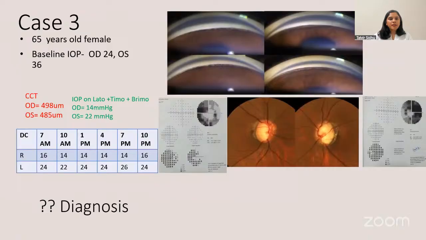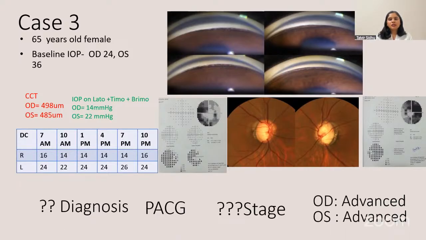This is the same case that we had seen earlier. So this lady, when she's looking up on manipulation, also hardly any angle opening is happening. Here, some angle opening is happening. This is a 65-year-old female with angle closure glaucoma, and the stage is advanced in both the eyes. However, when you look at her central corneal thickness, it is thinner.